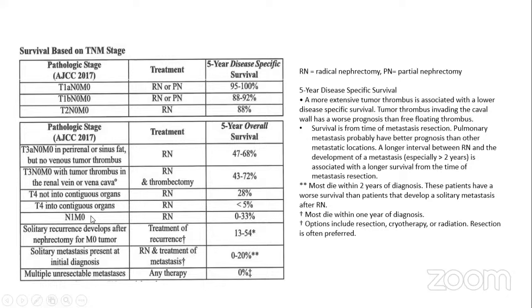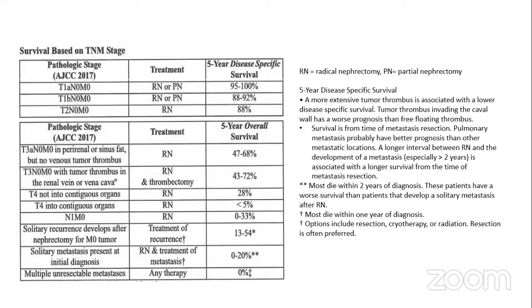And T1 and M0 will do radical nephrectomy and survival 0 to 33%. And if solitary recurrence develops after nephrectomy for M0, treatment of recurrence, the survival is 13 to 54%. Thus, here most die within 2 years of diagnosis.